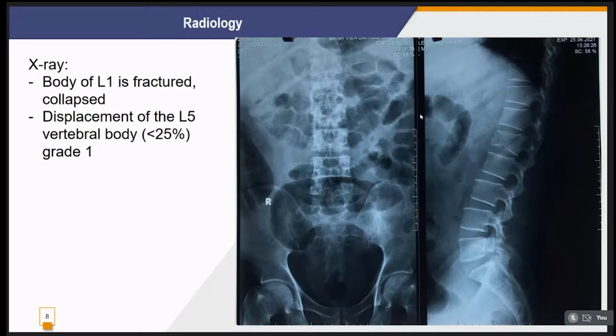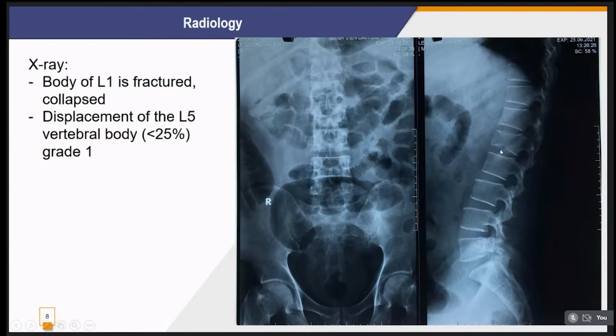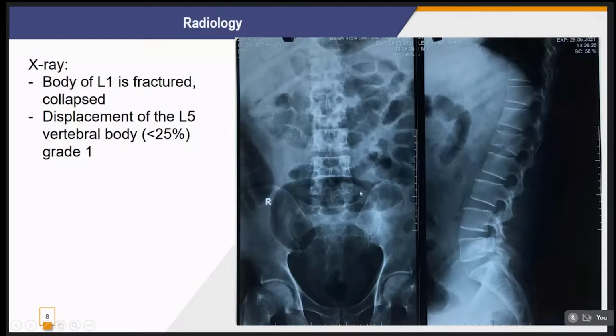And in the lateral view, especially we can see the body of L1 is fractured and collapsed. You can see this fracture. And we have the displacement of the L5 vertebral body.